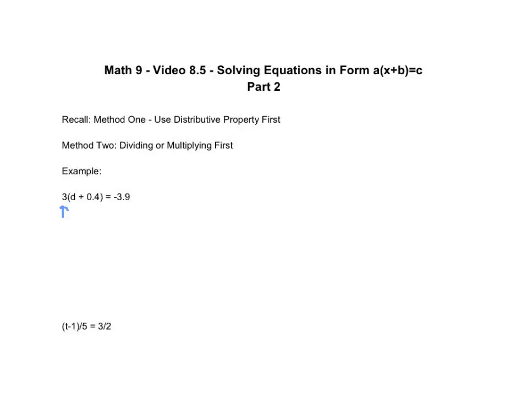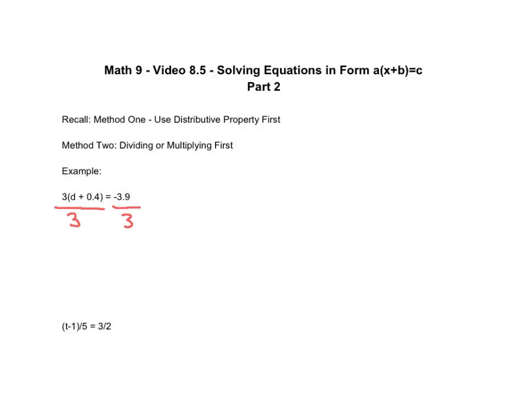So our method 1, remember, would have used the distributive property to multiply that into each one. We're going to instead divide that 3 out. The 3 was being multiplied, so we are going to divide this entire side by 3. If we divide one side by 3, we better do the same to the other.